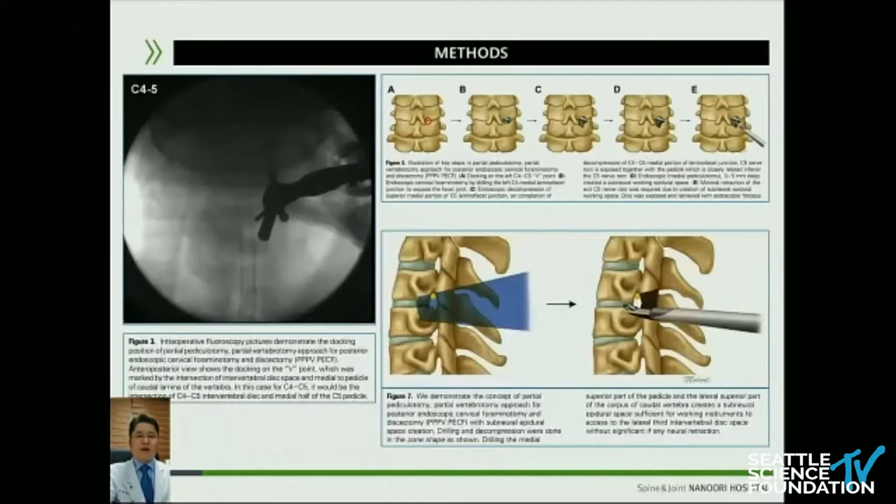The surgical method is to dock the endoscope at the V point, then expand the V point with the drill to expose the nerve root. Then, after removing the pedicle of the lower part and the part of the vertebral body just above the pedicle using an endoscopic drill, and after inserting the endoscopic working channel and providing nerve protection, surgery was performed to remove the main pathology.